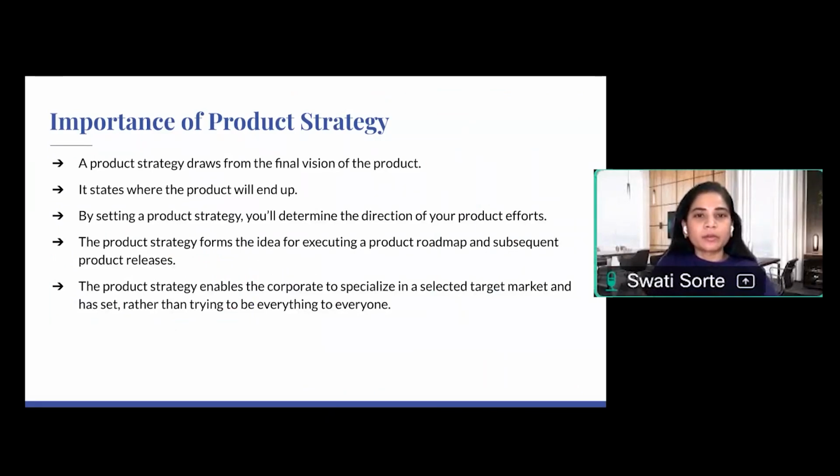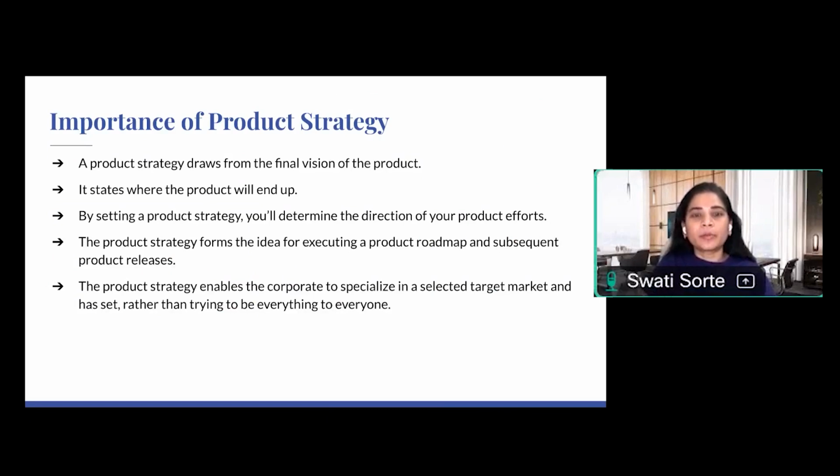Imagine a product vision as a captivating destination, a glimpse into what your product can ultimately achieve. However, reaching that destination requires a clear roadmap. This is where the product strategy comes into play. It draws its essence from the final version of the product, defining the end goal you are striving for.